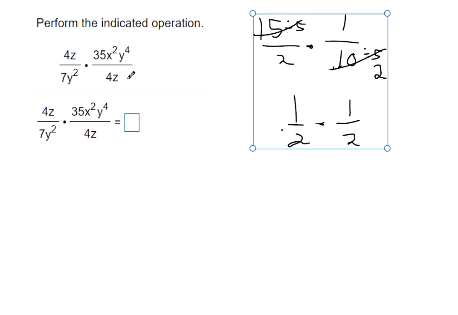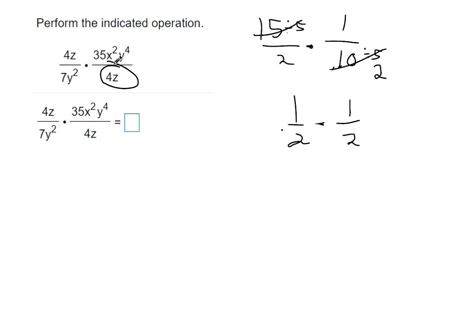Same thing here. You've got a 4 in the top and a 4 in the bottom. They can cross simplify. 4 divided by 4 makes 1, and 4 divided by 4 makes 1. So those are gone. That just makes it a little bit easier, because now if you've got 1z times 35x squared y to the fourth, you can multiply straight across the top like we usually do.